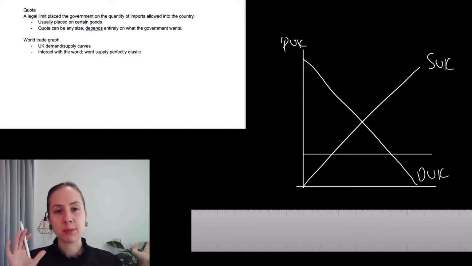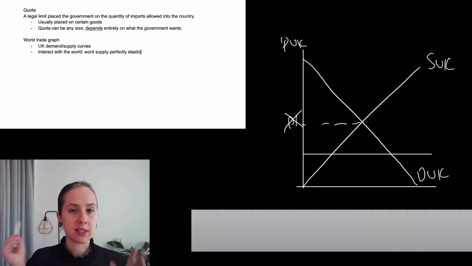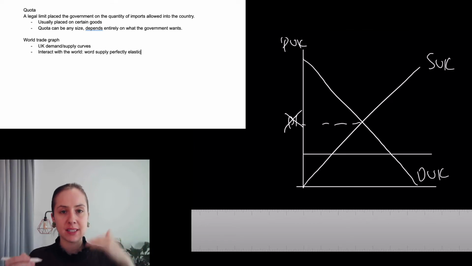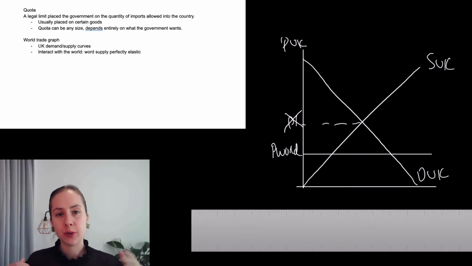And remember, they can supply any quantity really that the UK wants because there's just so many hundreds of countries producing this good. So unfortunately, the price of P1 just doesn't exist. And instead, the UK has to accept that lower world price. So the UK is going to have to sell their goods to match the world price if they want to sell anything. So that hasn't changed.